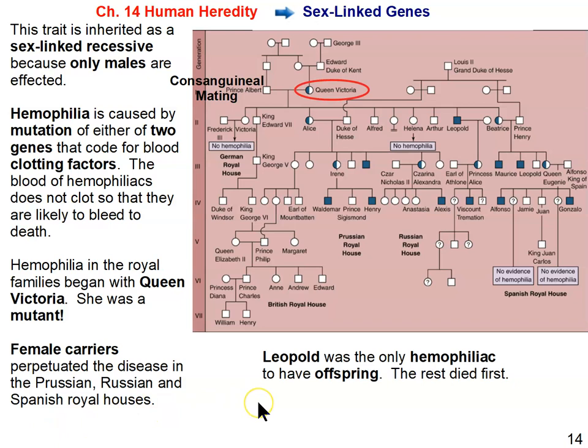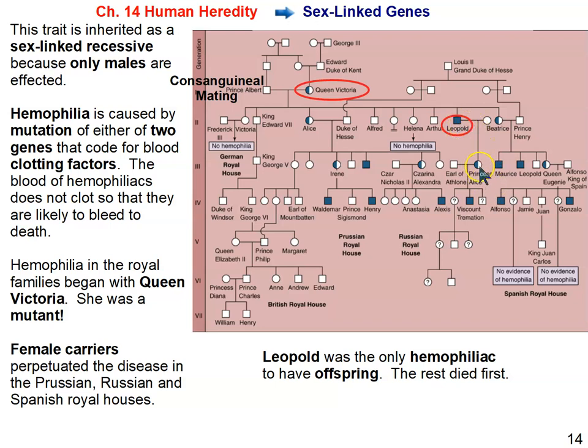And then the last thing to note here, just interesting, is that Leopold was the only hemophiliac to have offspring. Usually a male that has hemophilia is not going to live long enough to reproduce, but Leopold here lived long enough to reproduce somehow. I guess he was real careful and didn't bleed to death before he could reproduce, so he definitely passed it on to his daughter, Princess Alice here.